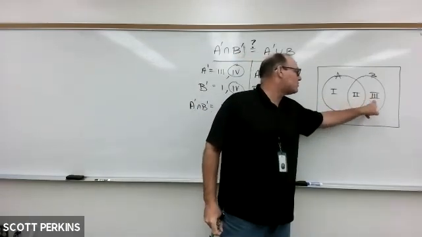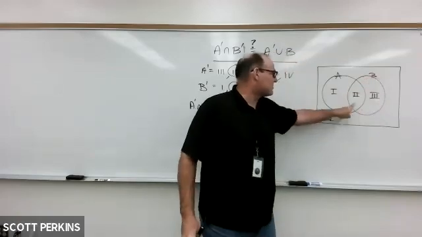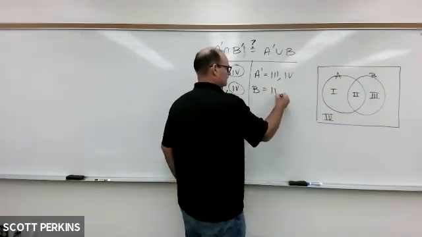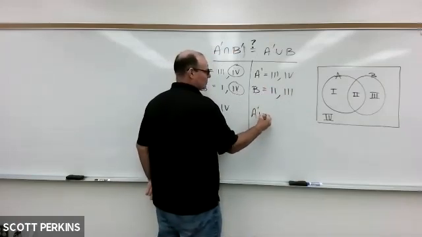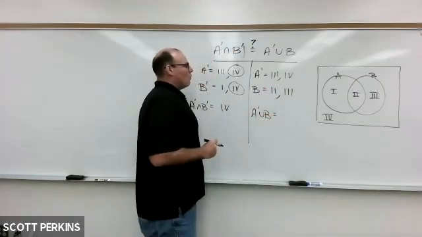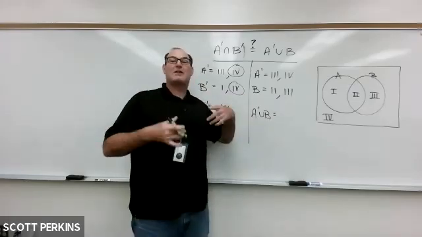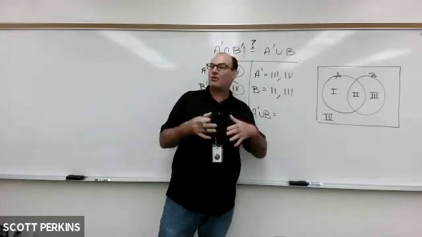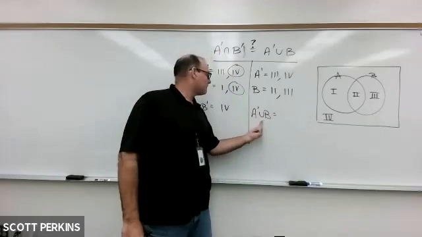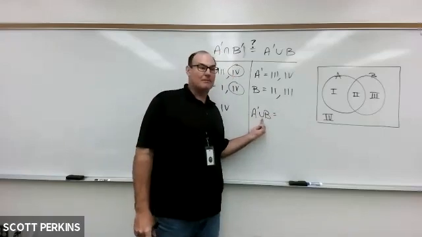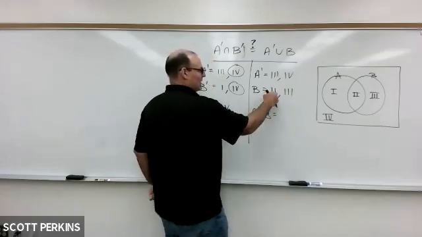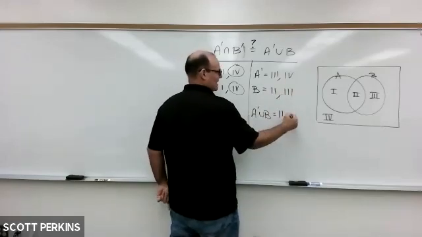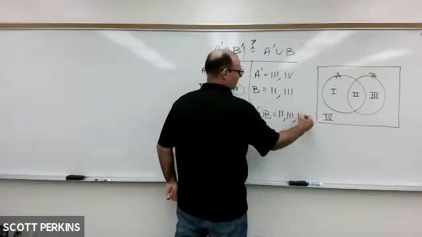If I put those 2 regions together, that forms the circle B. Now on this side, I have A complement union B. So what region represents this? Just for my benefit, what does the union mean? All of them, everything. So in this one, I have 2, I have 3, and then I have 4.